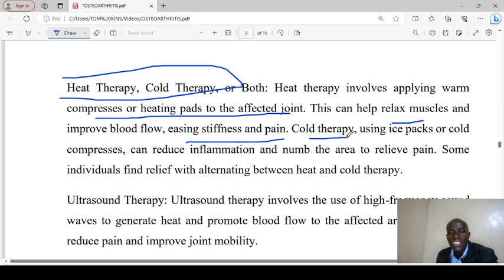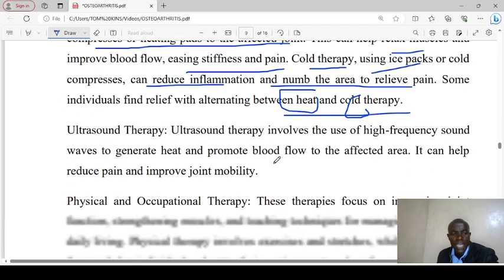Whereas cold therapy involves using ice packs or cold compresses, which can reduce inflammation and numb the area to relieve pain. Some individuals find relief with alternating between heat and cold. Okay, so with heat, you're improving blood supply to the joints, and with cold, you are trying to reduce inflammation and numbing the area to relieve pain.